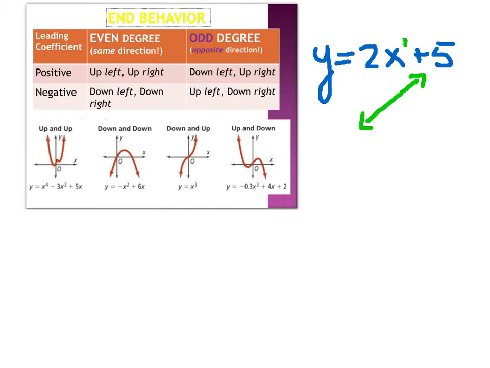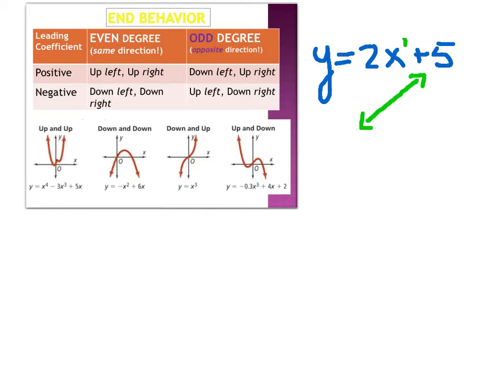In this case, it goes down on the left and up on the right. Now, looking at the leading coefficient here, which is a positive 2, the positive 2 tells me I have a positive slope. But positive 2 also tells me that I'm going to be down and then up. So the leading coefficient is positive, so then it's down and up.